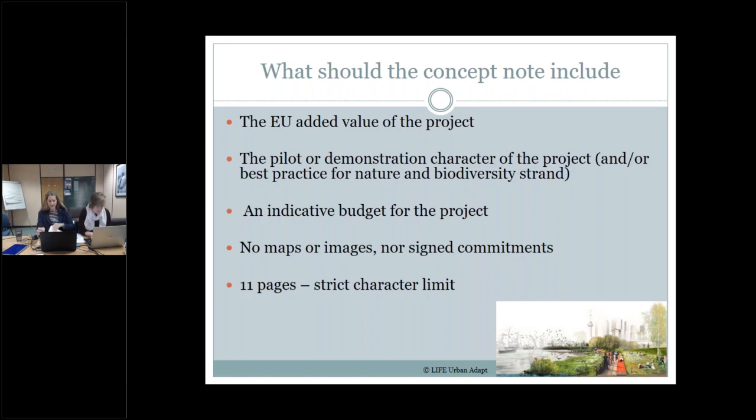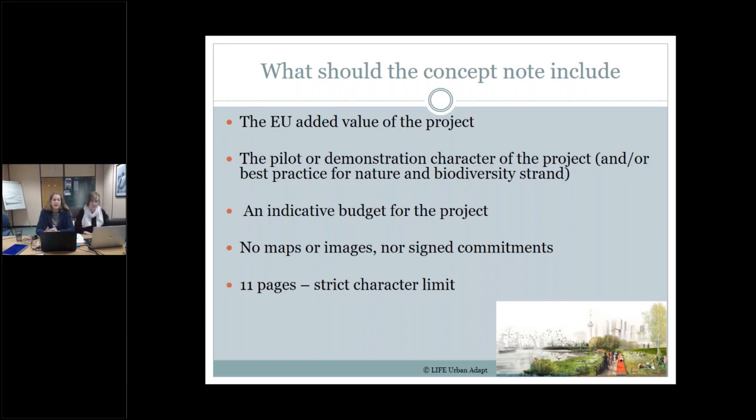And here's what you shouldn't include. At this stage, you do not need to include any maps, images, or signed commitments. Also, a declaration of the co-financing is not yet required at this stage. I mean, if you have a declaration of co-financing, your match funding, that is great, and it will help the evaluator.